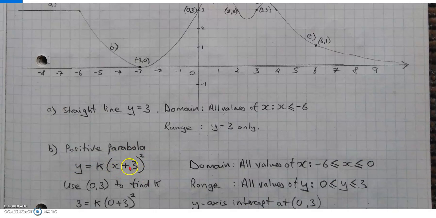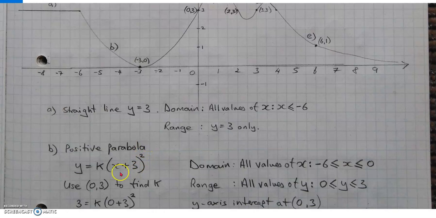It's going to be x plus 3, because this is minus 3, so it's the original parabola gone 3 units in the negative x direction, so we write a plus sign there. But it's the brackets all squared. This is really x plus 3 in brackets multiplied by another x plus 3 in brackets. But of course, if those two brackets are the same, we can just write a little squared there.